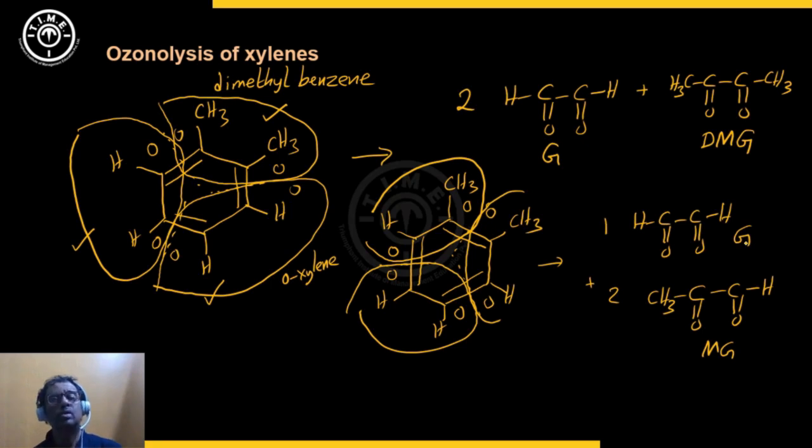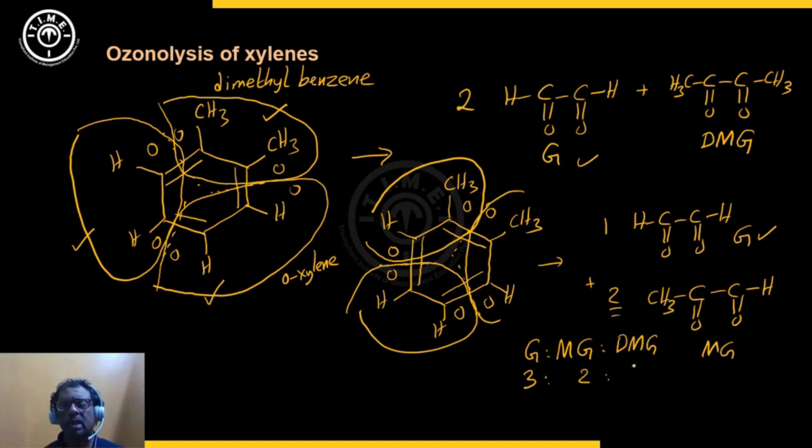So when orthoxylene has been subjected to ozonolysis, we not only get glyoxal, also get methyl glyoxal. We get dimethyl glyoxal. And then they are in what ratio? See, glyoxal here is 1 and there is 2. So this is 3. Methyl glyoxals are 2, 2 moles. Dimethyl glyoxal is 1. This is what we observe.